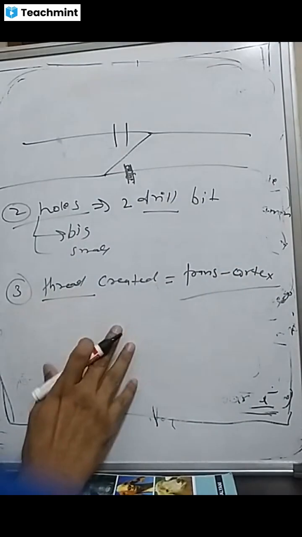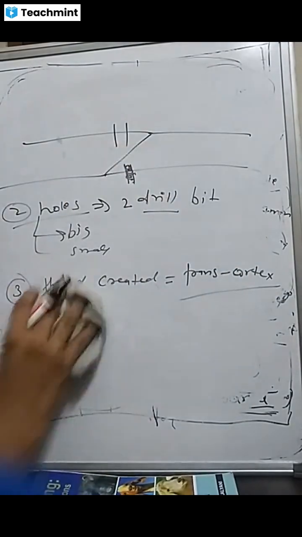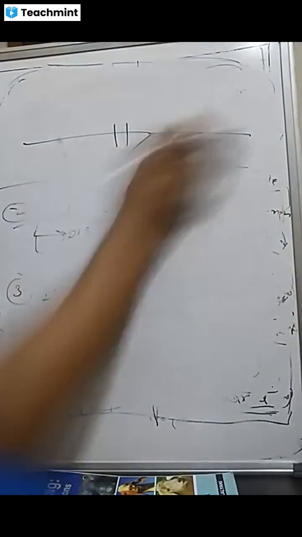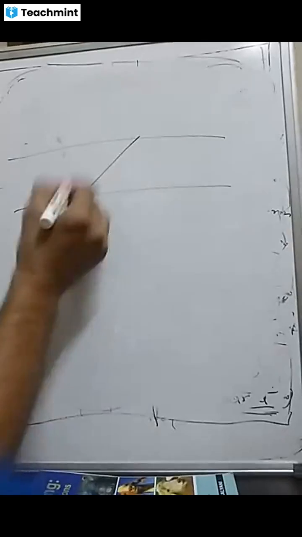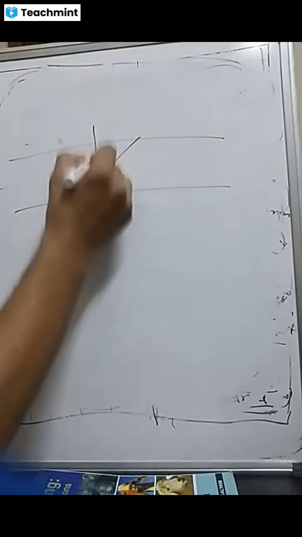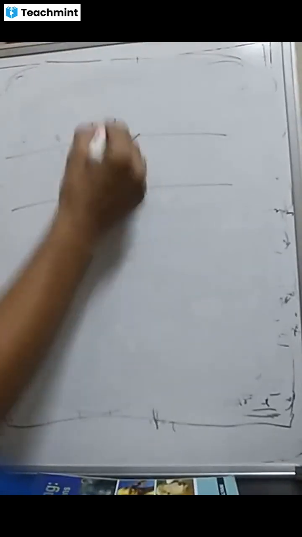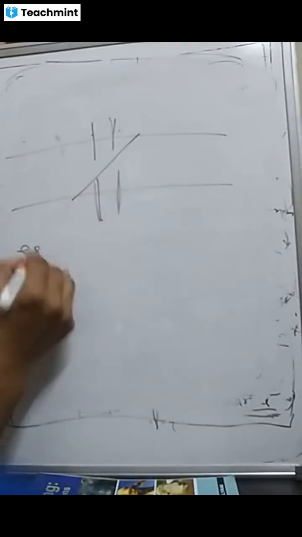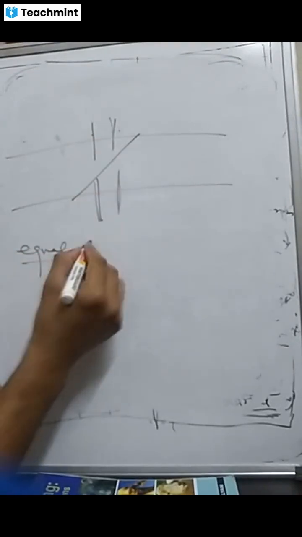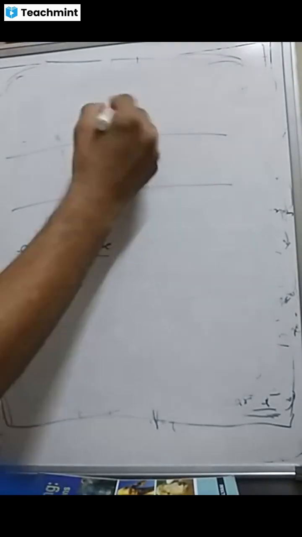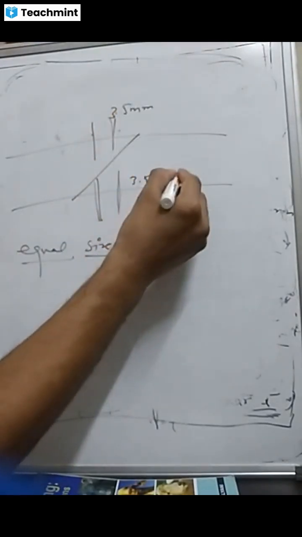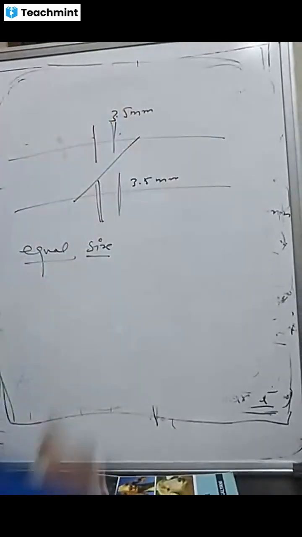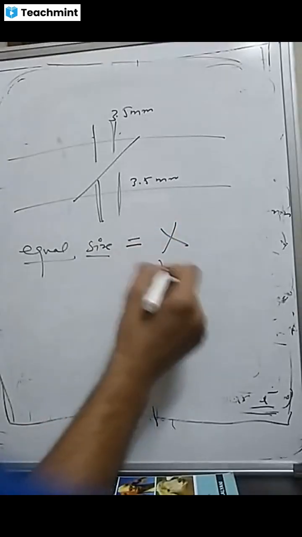What will happen if we make holes of equal size? Suppose this is an oblique fracture, and I make 3.5 mm here and 3.5 mm there. The answer is nothing will happen.